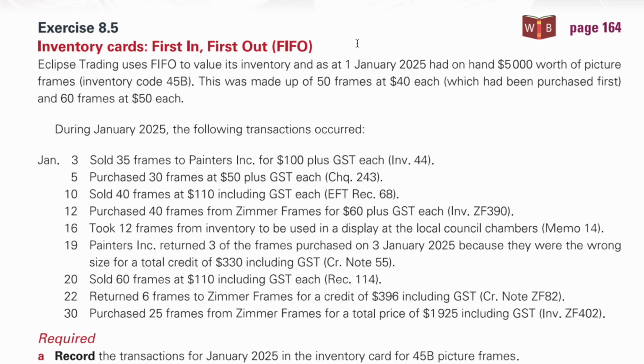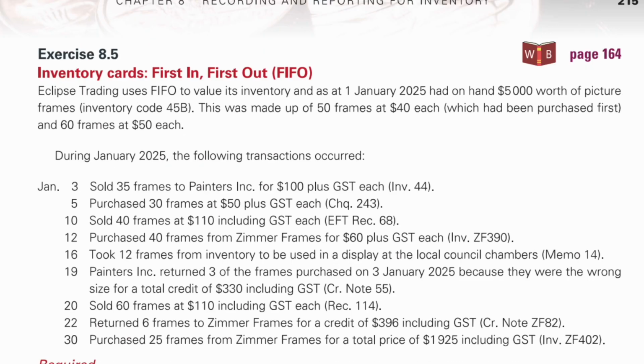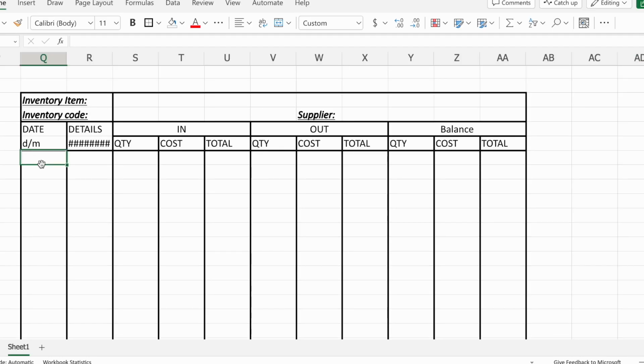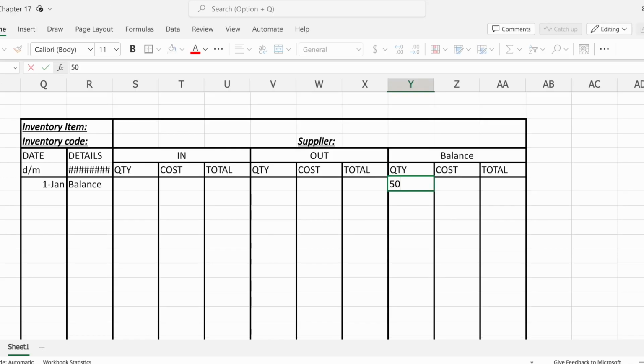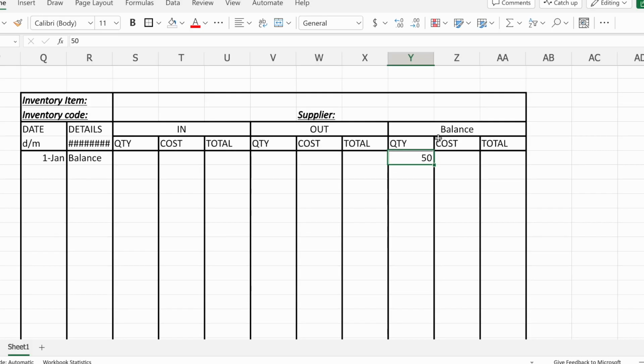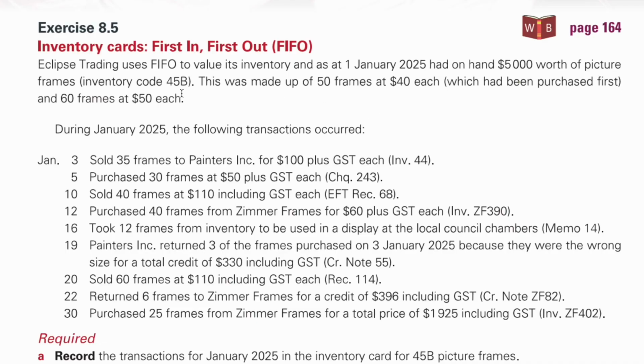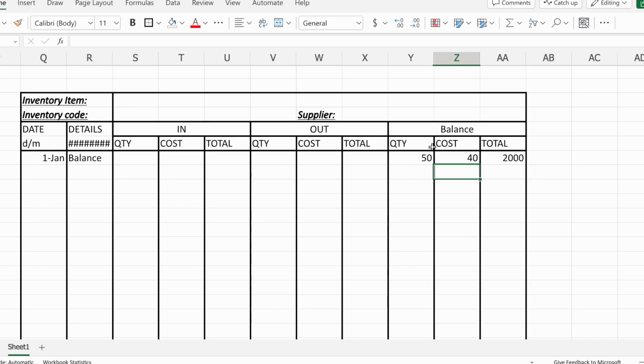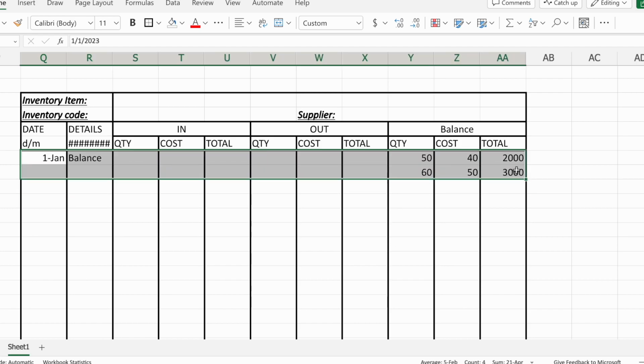So we have 2 bits of inventory now. So let's record this. On 1st Jan, it's balance, because it's what's in the inventory in the initial stage. They said 50 pieces of $40, which is 2,000. And then they also said 60 frames at $50 each. So 60 frames at 50 is 3,000. And yes, it adds up to 5,000, which confirms that. So now let's color code this.